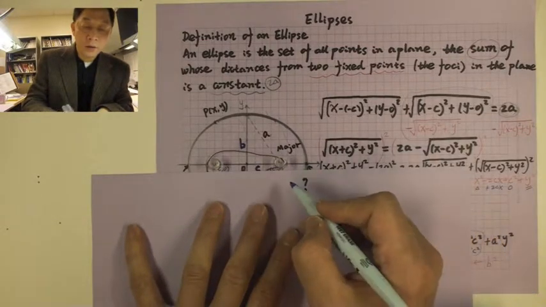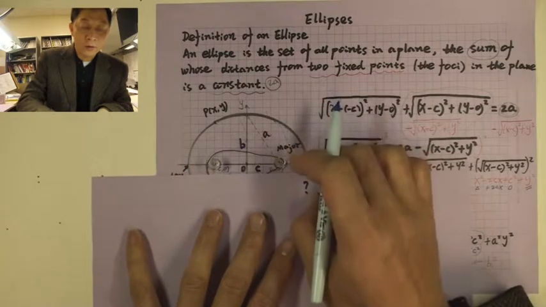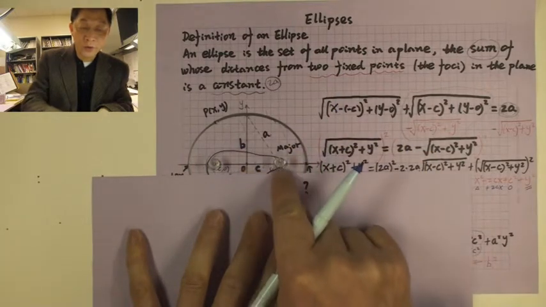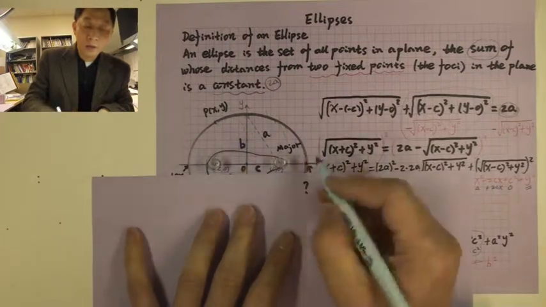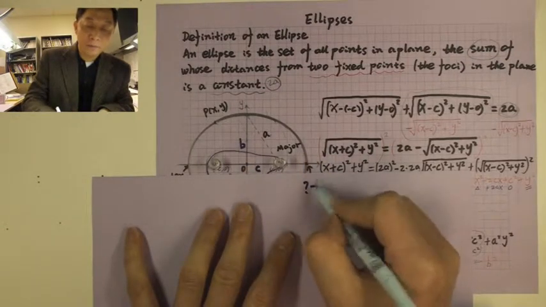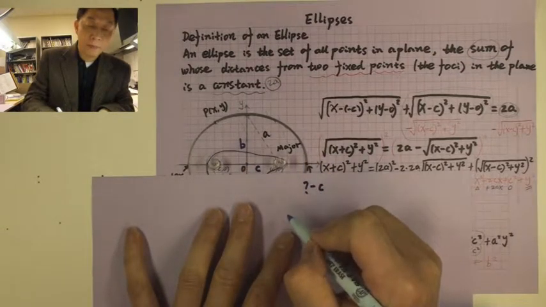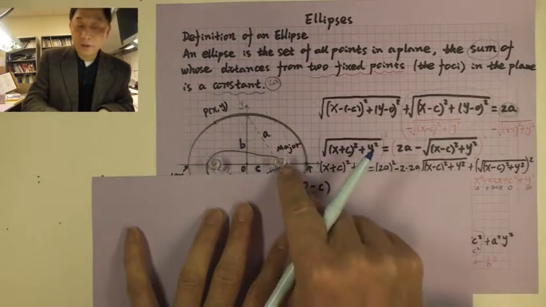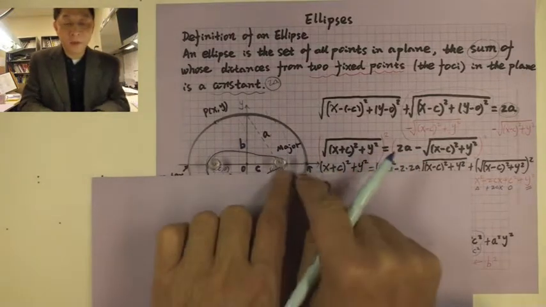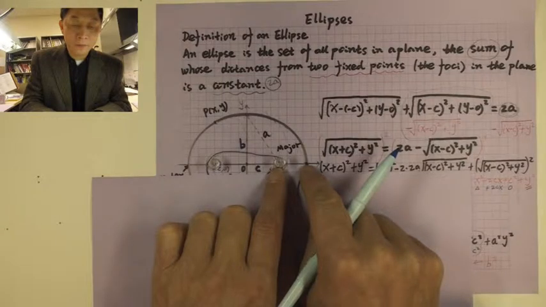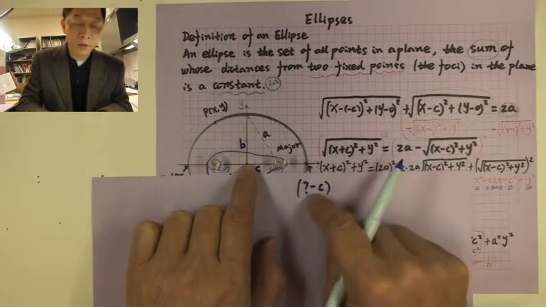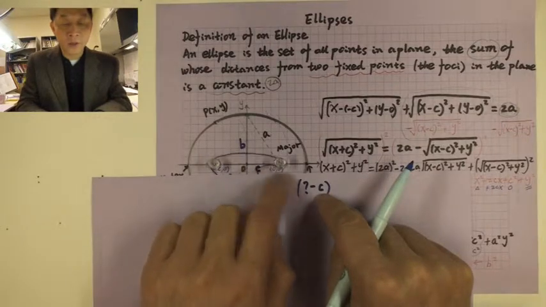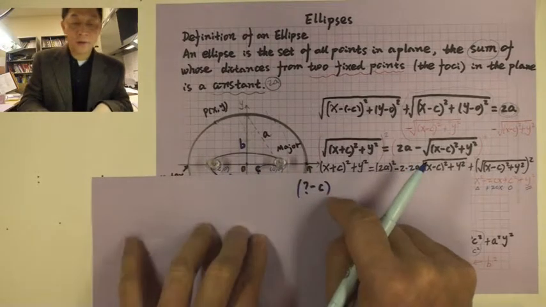So remember, here was C, from origin to this point was C. So the question mark minus C is the distance from this point to here. Question mark is this long minus C. This was C, so it will be this distance.